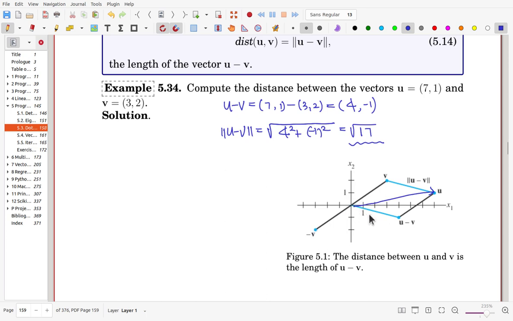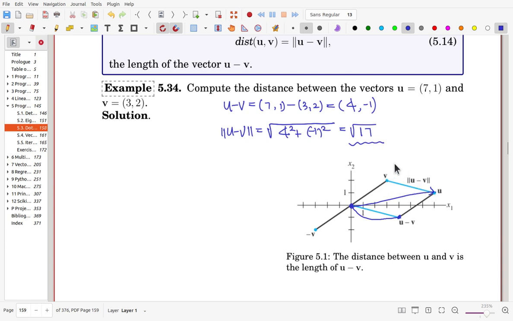So U minus V means that we start from the origin, go to U and then minus V, so we reach that point. That position is U minus V. But if we consider this parallelogram, then the length of this one is the same as the length of that one.